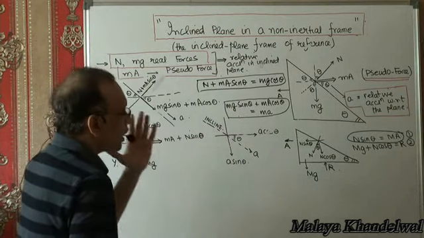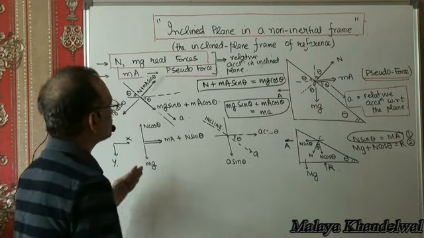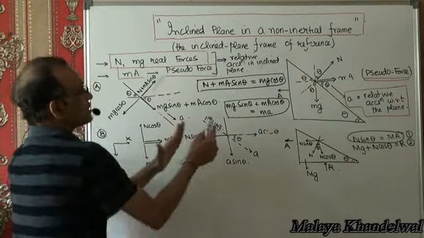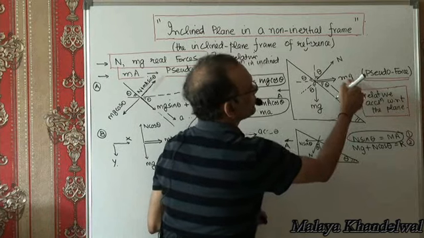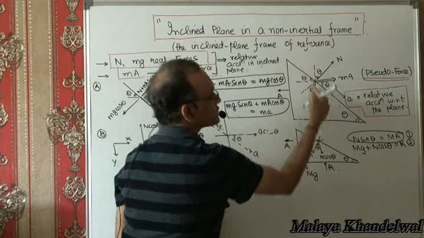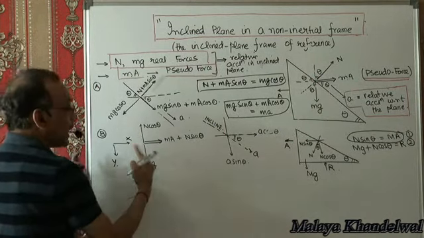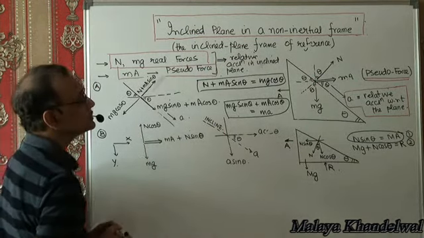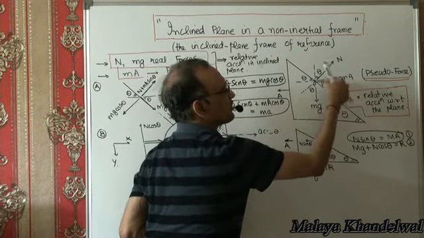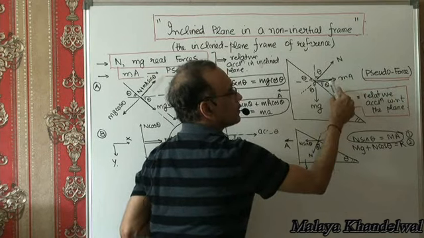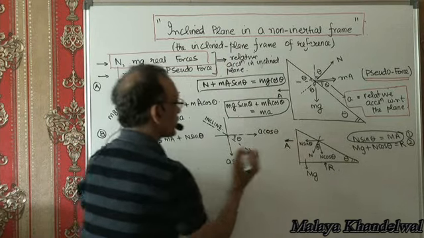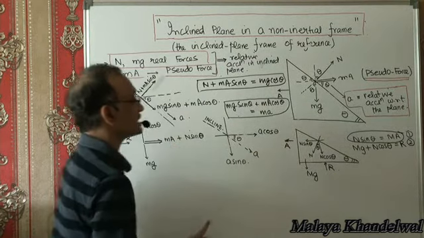I could have solved the same problem by resolving the real and pseudo forces horizontally and vertically. In the horizontal direction, I have mA plus N sin theta. In the vertical direction, I have mg and N cos theta. The acceleration in the inclined plane frame of reference is small a, which has a horizontal component a cos theta and a vertical component a sin theta.